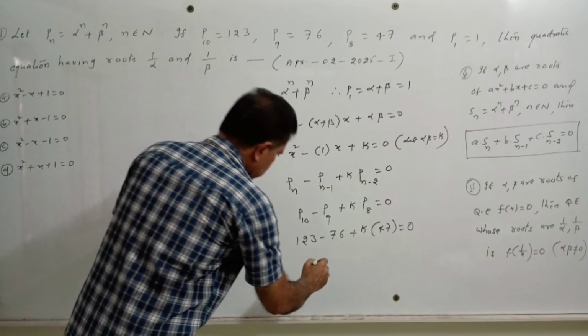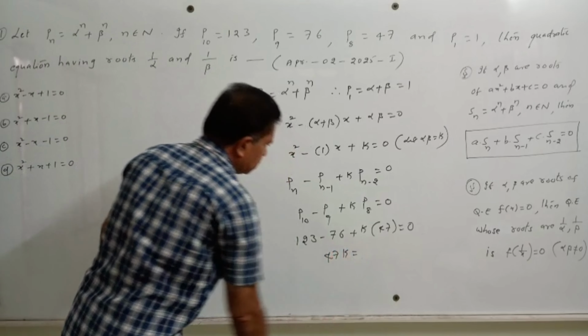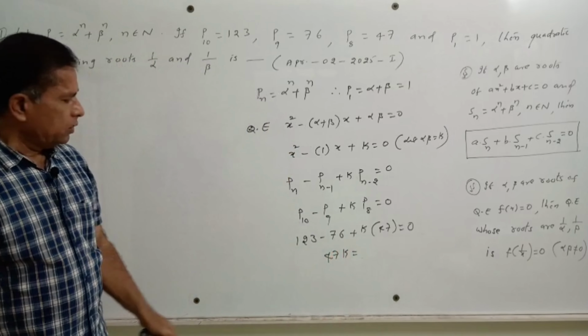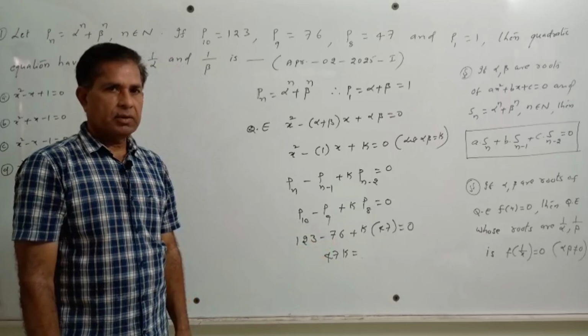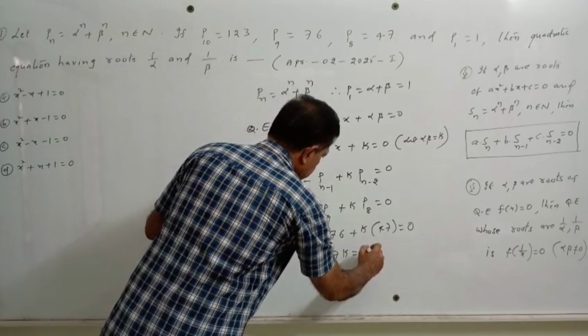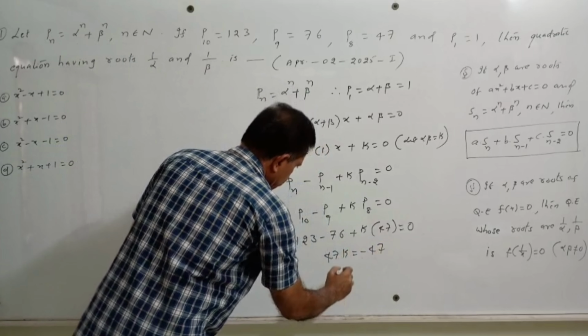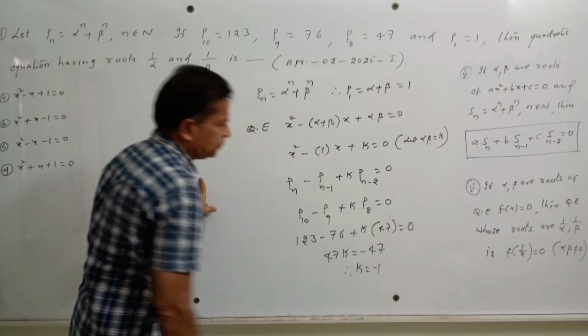So I want to calculate k. Therefore 47k is equal to 123 minus 76, that is 47. Taken to right side, it will become minus 47. So the value of k becomes minus 1.